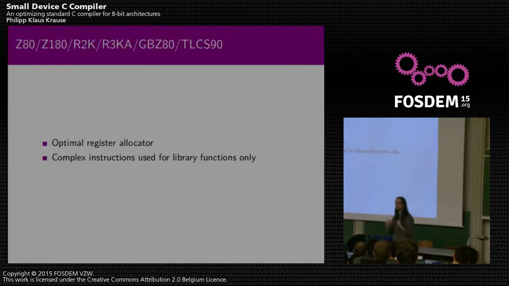For example, if you put a memcpy with a constant third parameter for the amount of bytes to copy, SDCC will just emit an LDIR instruction for the Z80. If you decide to write your own memcpy with a copy loop, well, then we emit much less efficient code because there will be a copy loop instead of the LDIR.